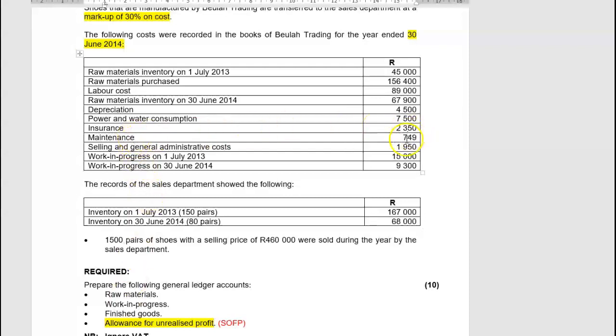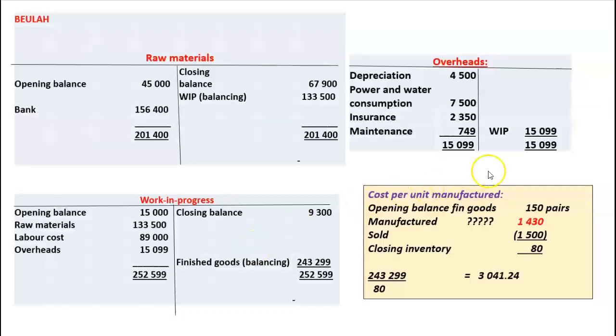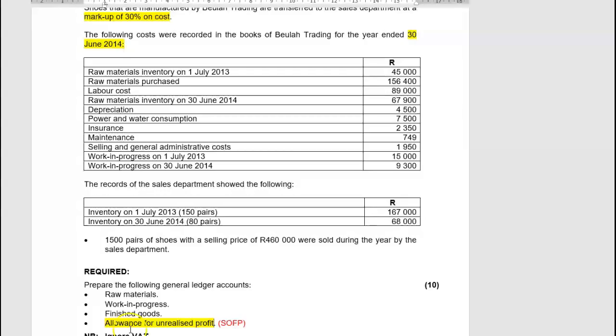Then maintenance, 749, also an overhead cost, 749. Good. Then selling and general admin costs. That has absolutely nothing to do with my production costs, so I just ignore that. That is a normal operating expense in my income statement.